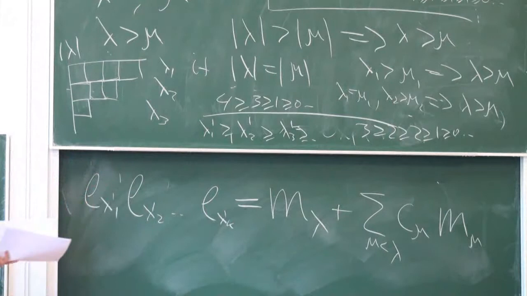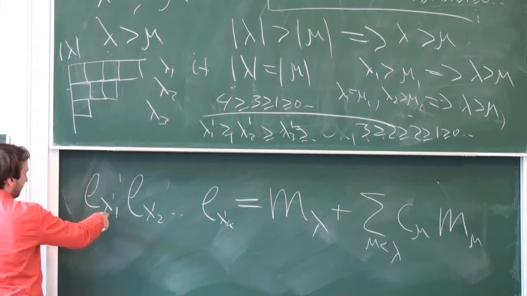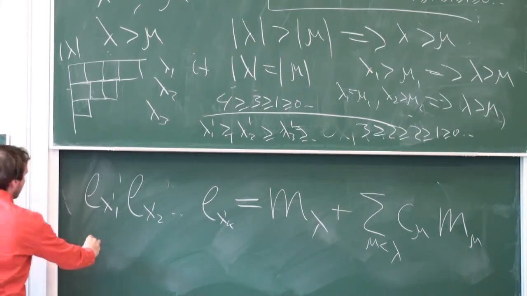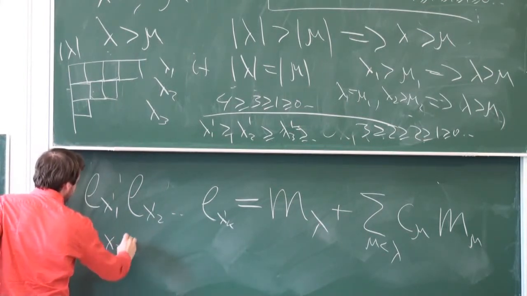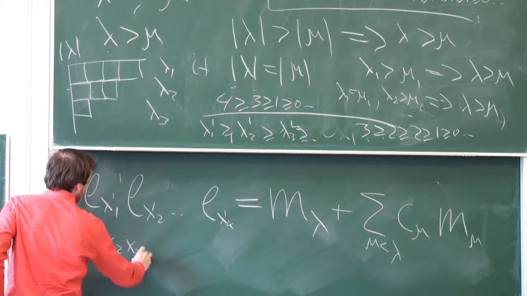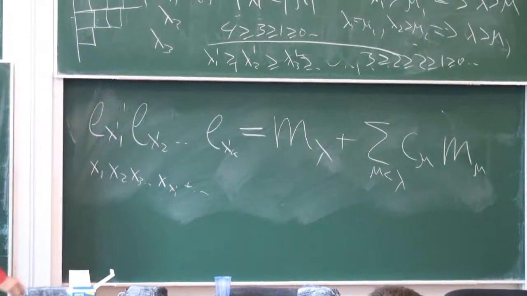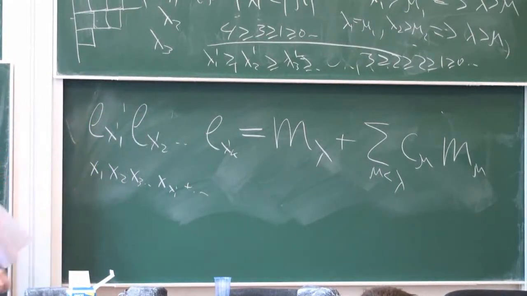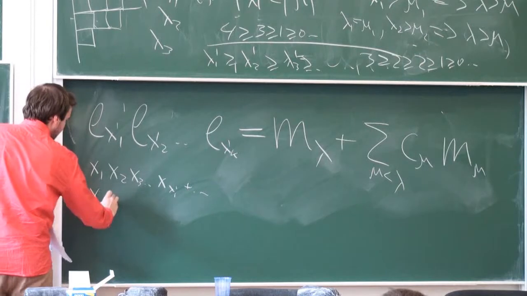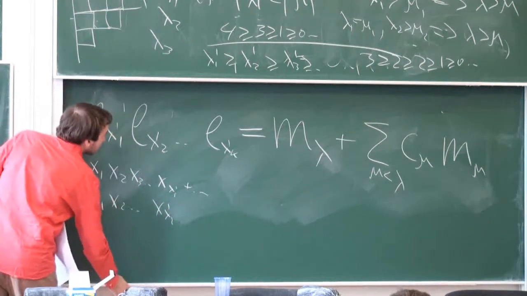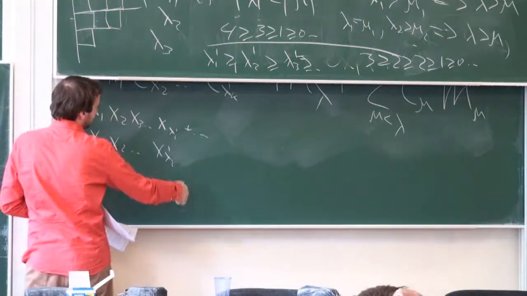So why is this true? Well, this actually follows from the definition. So what does E lambda 1 prime look like? Well, it starts from x1, x2, x3, up to x lambda 1 prime, and then plus something else. How does this one look? It again starts from the same thing, x1, x2, up to x lambda 2 prime, plus something else.